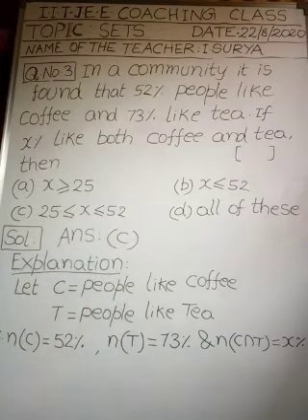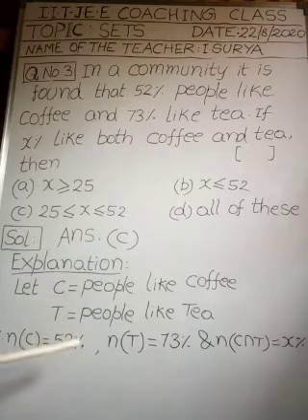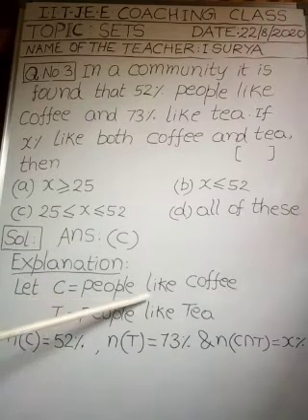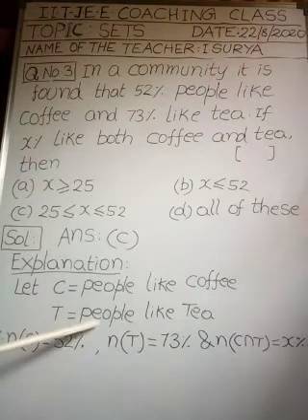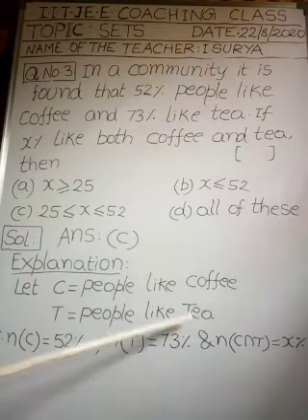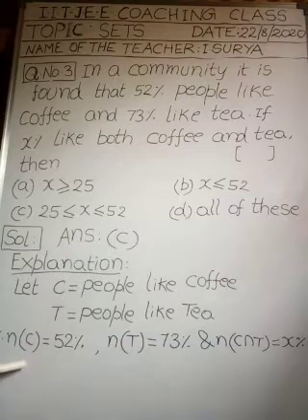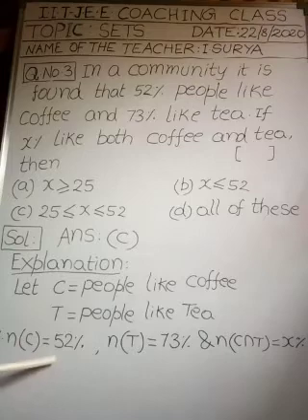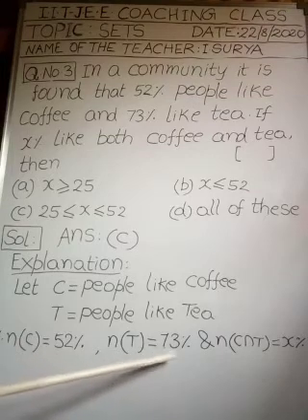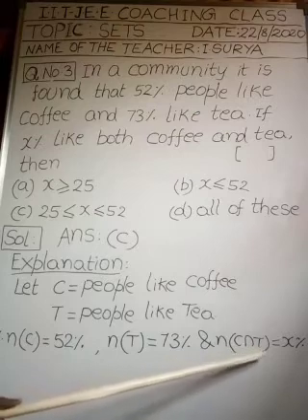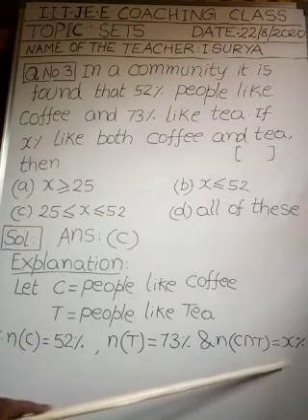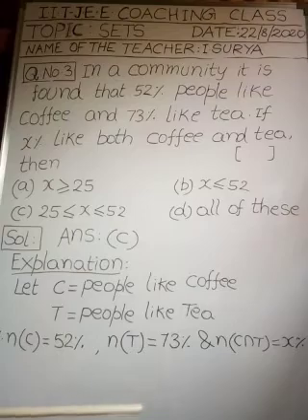Let us see the explanation part. Let us assume that C denotes people who like coffee. Letter T denotes people who like tea. From the given data, we can write n of C is equal to 52%, n of T is equal to 73%, and n of C intersection T is equal to X%. Understood this step, my children?